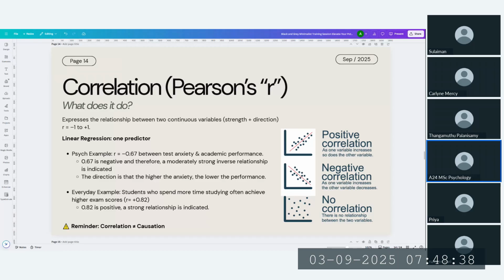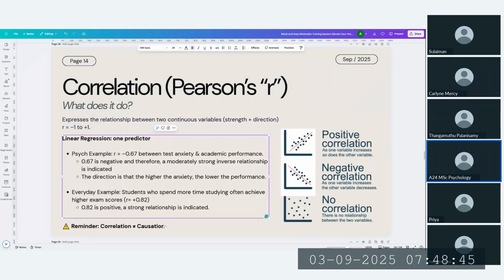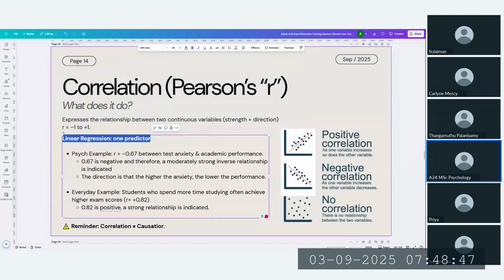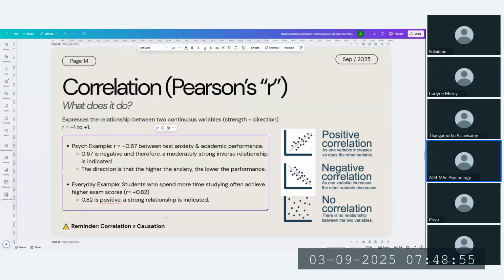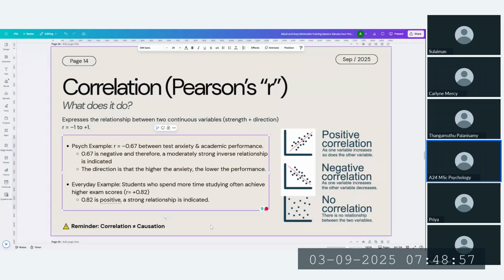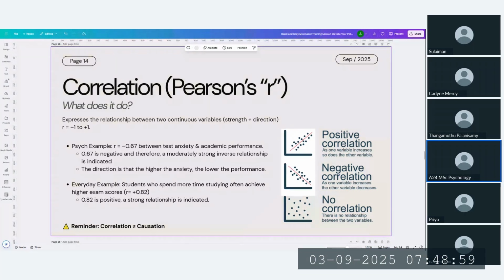For example, one correction to be made, it's not linear regression. So an R value, if you're measuring test anxiety and academic performance, right?